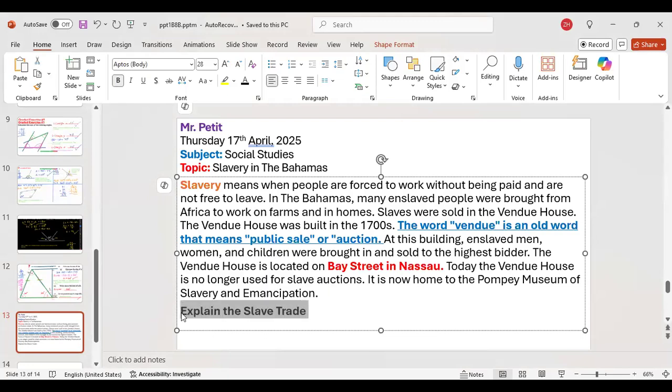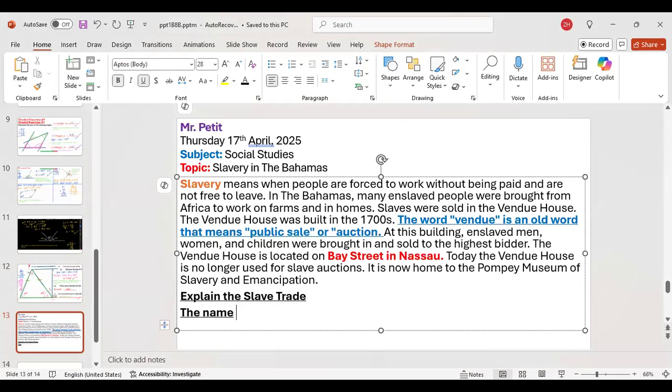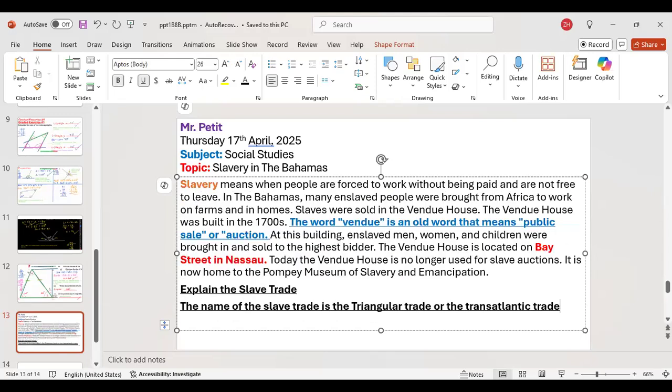All right, so the name of the slave trade is the triangular trade, or we call it the transatlantic trade.